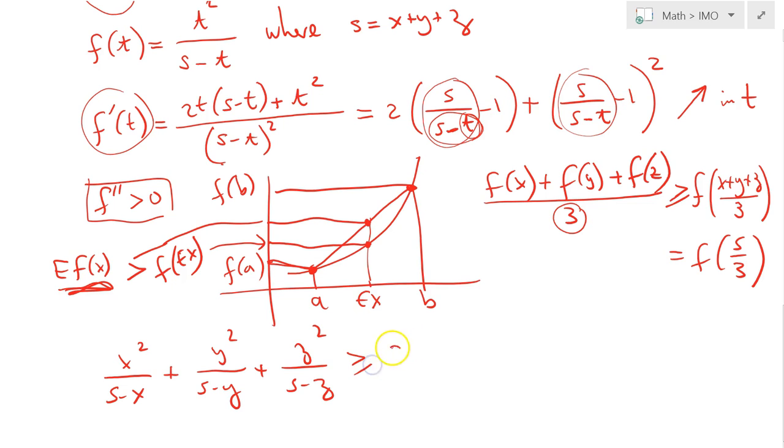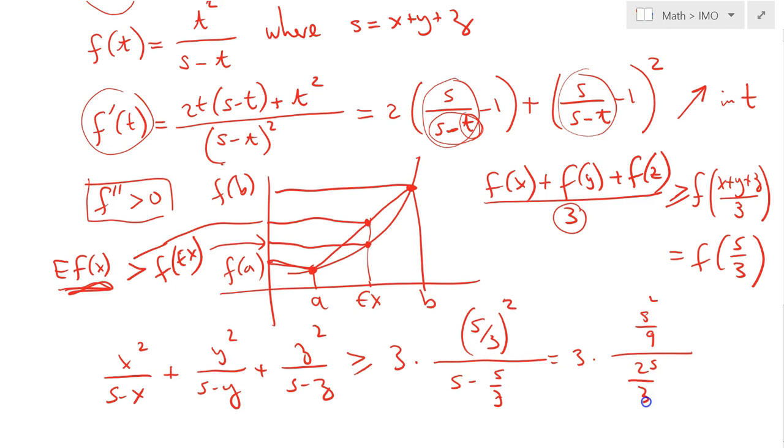This is greater than or equal to 3 times f of s over 3. So if I plug in s over 3 in this function, I get s over 3 squared over s minus s over 3, which is equal to 3 times s squared over 9, over 2s over 3.